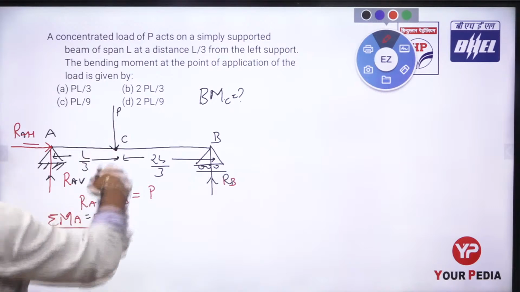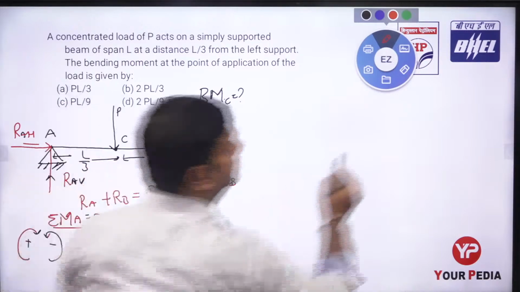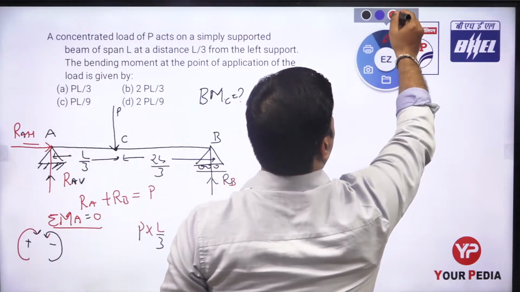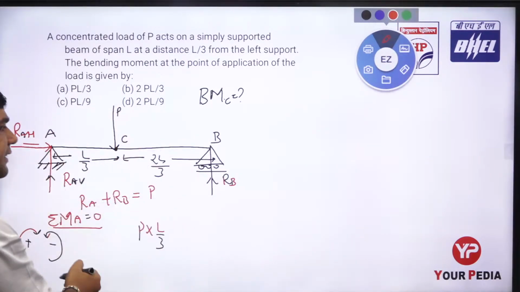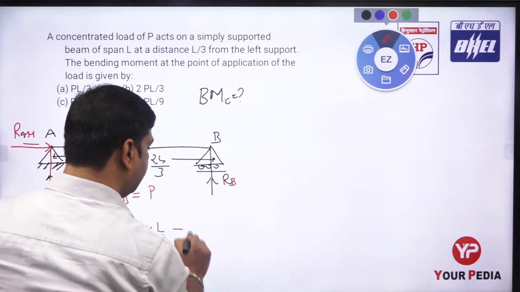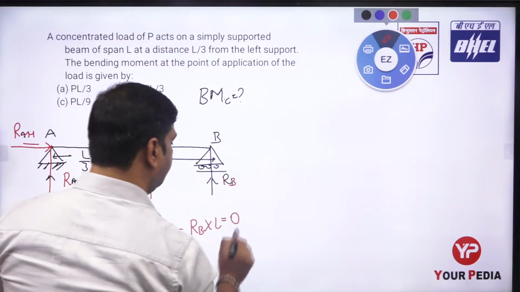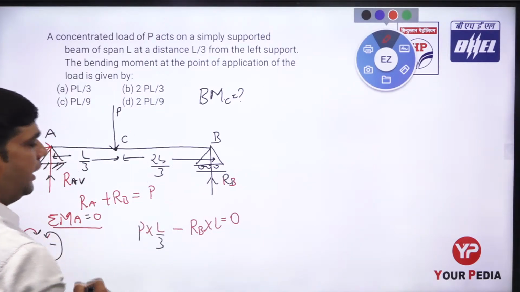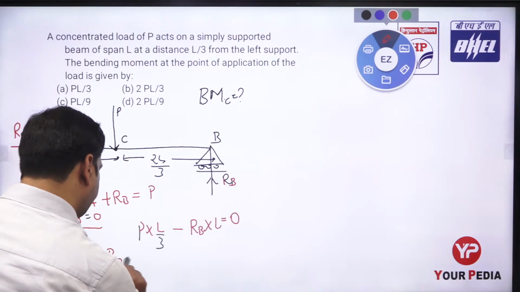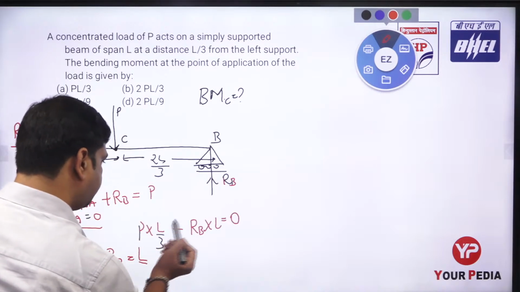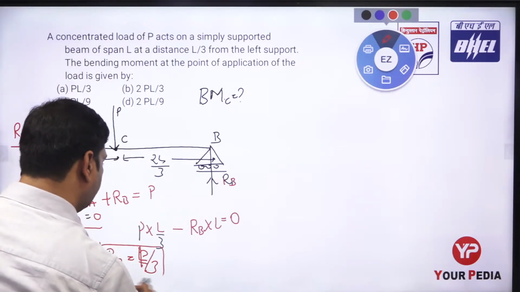So P into L by 3, which rotates in a clockwise direction, minus R_B into L equals 0. From here we can find the value of R_B. R_B equals P by 3.